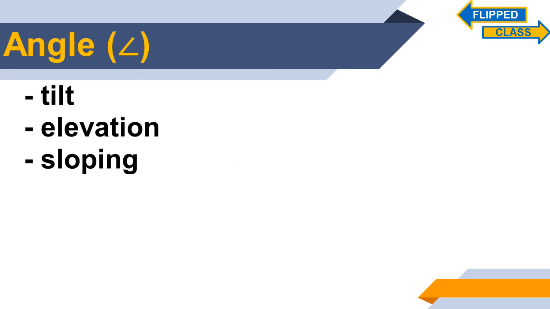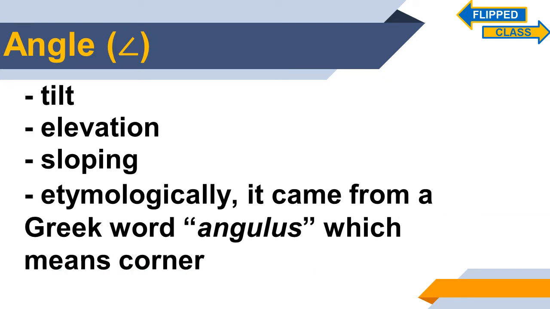Now, may I know what your definitions for an angle are? Maybe you said it's a tilt, an elevation, or probably sloping. Well, these are all good. Let us define angle as its word. Etymologically, it came from the Greek word angulus, which means a corner. So these are the possible definitions for what an angle is.